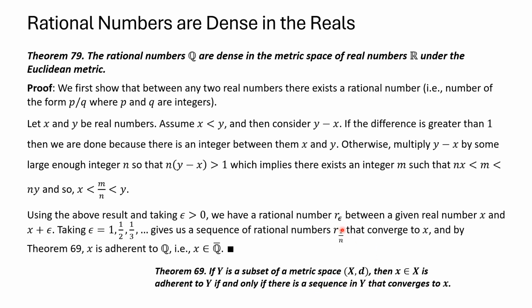This is a convergent sequence, and since it's a convergent sequence, it's adherent to Y. In this case, Y in the theorem is our set of rational numbers, and so we've taken any real number x and we've shown that it's adherent to Q. In other words, x is in the closure of Q. So that implies that the real numbers equal the closure of Q, the closure of the rational numbers.